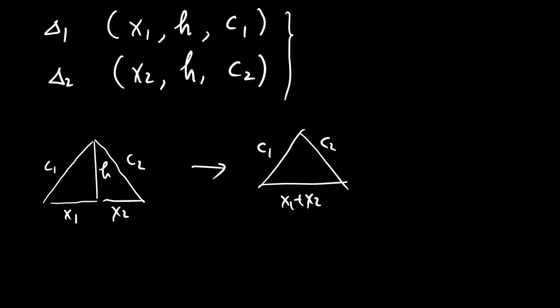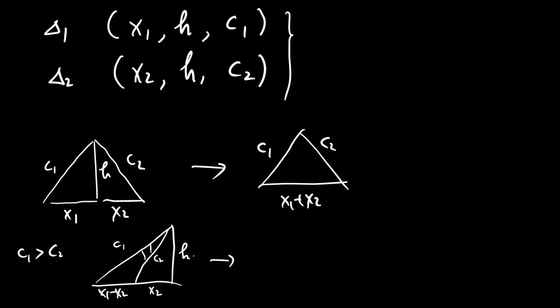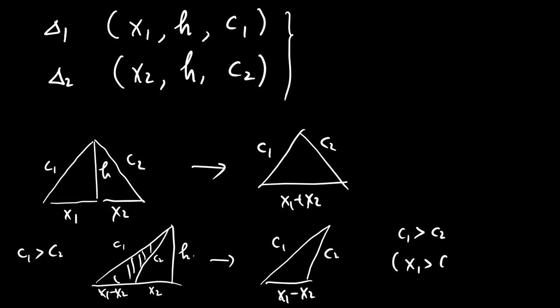Or suppose c1 is greater than c2, then we cut away c2. So this is h, this is c1, and this is c2, and this is x1 minus x2. What we are left with is c1, c2, x1 minus x2, provided that c1 is greater than c2, meaning x1 is greater than x2, for the general case.